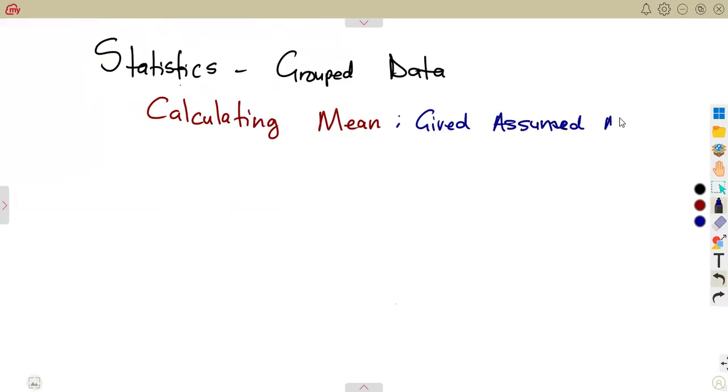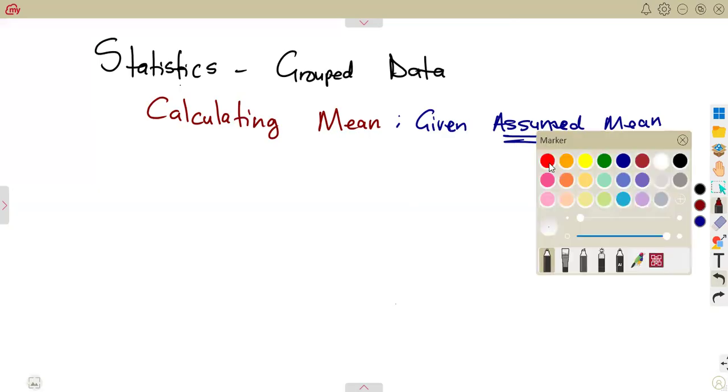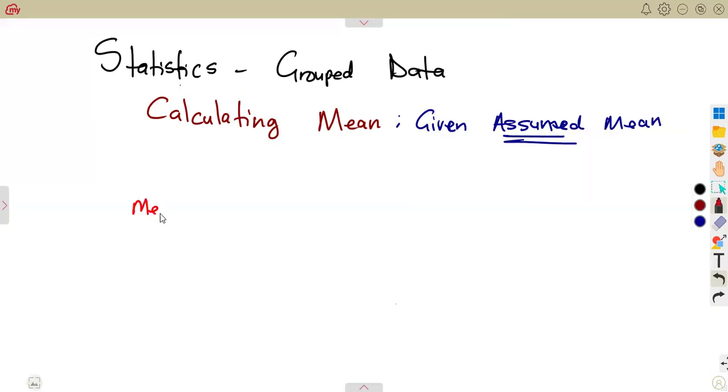So calculating mean this time, you will be given the assumed mean. That is the assumed mean in that case. You are given that. So how do I calculate a mean on this condition? The mean can be calculated as the assumed mean that you are given.